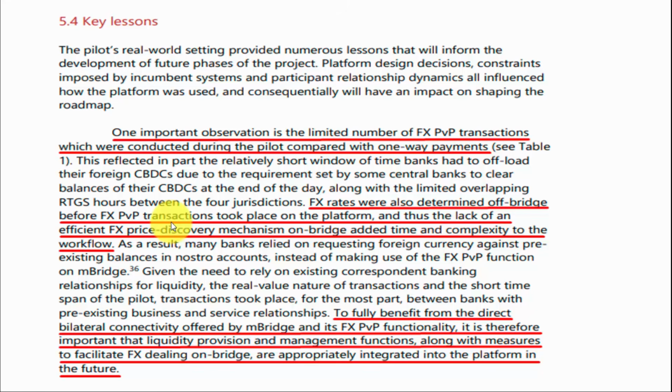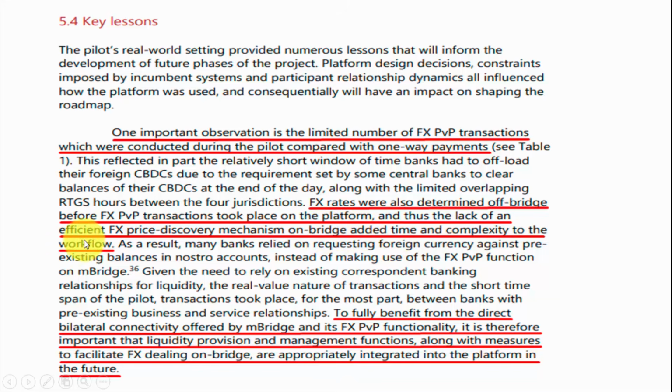So once the two central banks determined the rate at which they were going to swap CBDCs, they did that off bridge. Then the actual swapping mechanism was done on bridge, even though the rates were determined off the platform. And thus the lack of an efficient FX price discovery mechanism on bridge added time and complexity to the workflow.